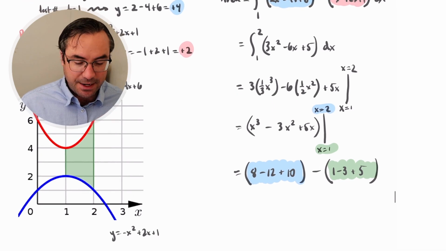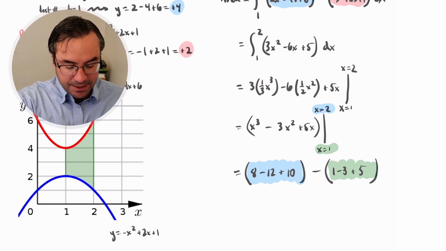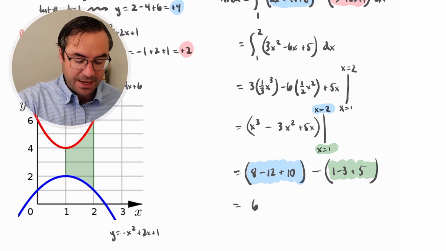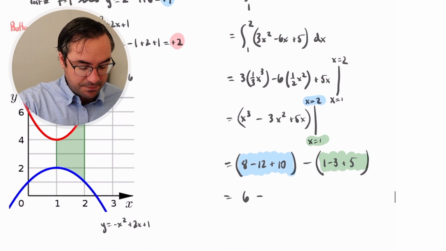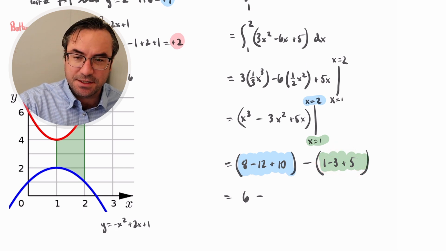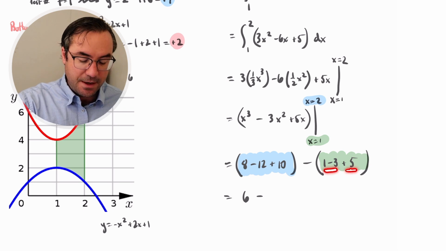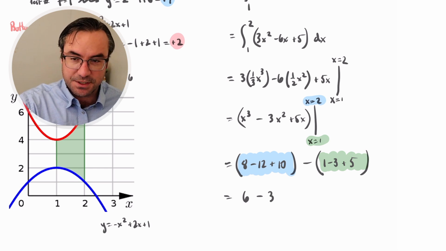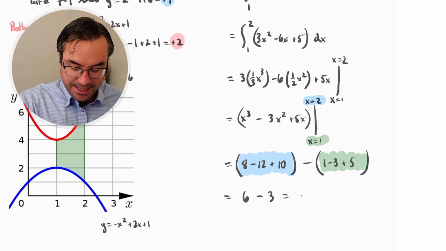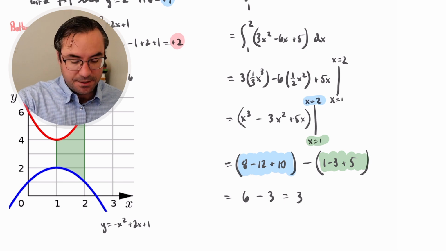If we simplify the first set of parentheses, we get 6, 18 minus 12. And then we're subtracting, and we can simplify the second set of parentheses. So 1 minus 3 is negative 2, and then plus 5 is 3. So we end up with 6 minus 3, which is 3. And that's our area.